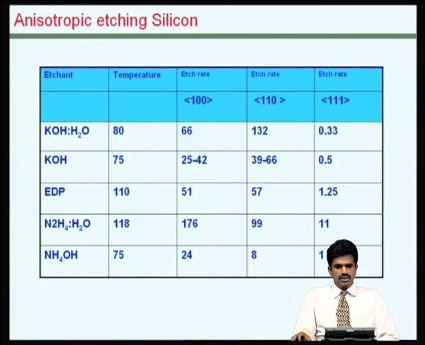What you see here is the etch selectivity with respect to various crystal directions of silicon when we use various reagents for the bulk etching. One needs to choose the right one so that a significant difference exists between the 111 direction and the other directions.